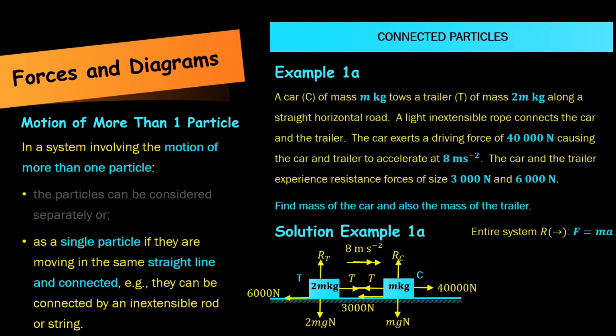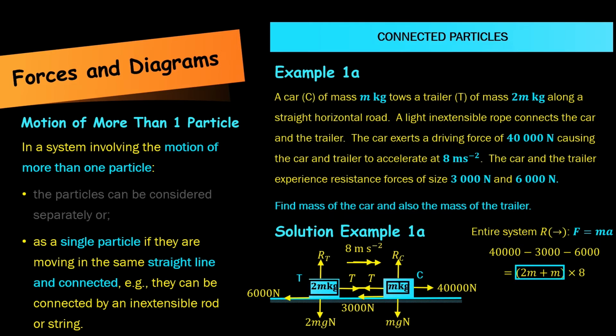Let's now resolve the forces for the entire system. So we're considering the whole system as one unit. Of course, we have F equals ma, which is operating behind this. We have 40,000 minus 3,000 minus 6,000, which is the force.